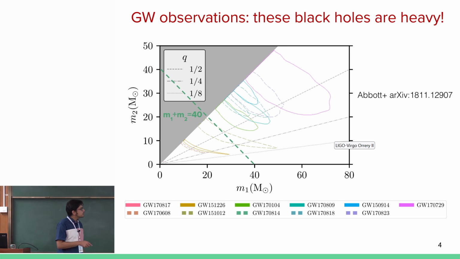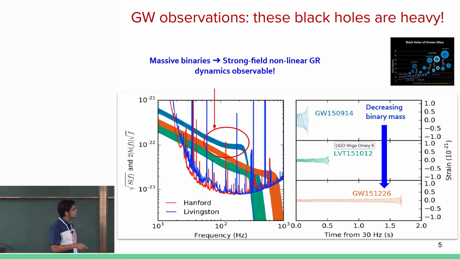So why is the mass of the system important? Remember, in GR, the total mass of a given system can be scaled out, which means that when we insert back units by imposing the sensitivity curves of our instruments, heavier systems actually emit at lower frequencies, and lighter systems emit at higher frequencies.